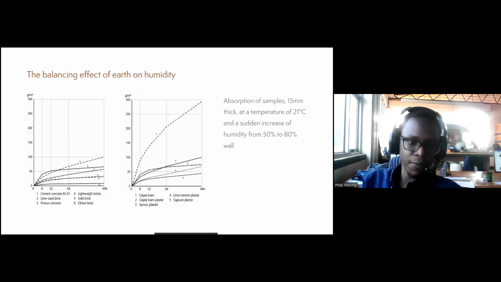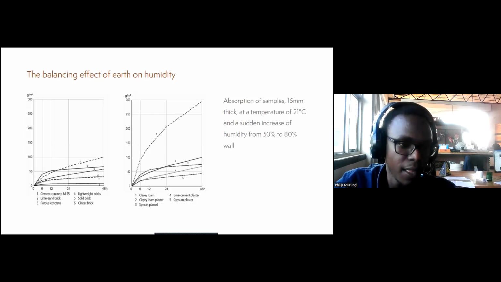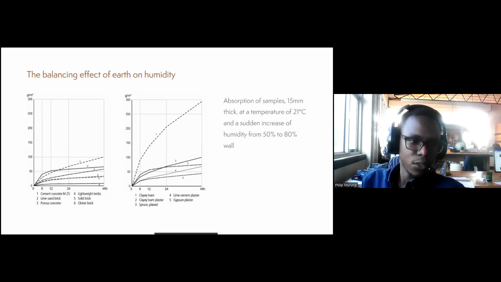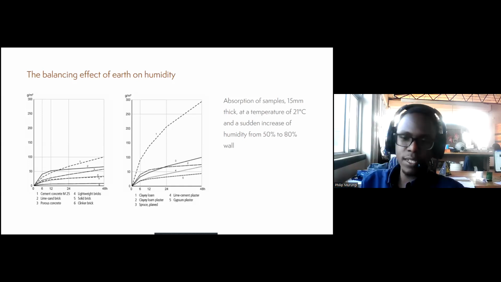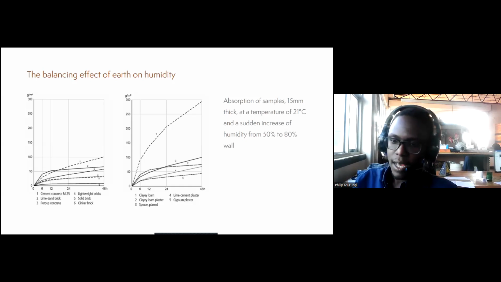That's the curve labeled 1, mud brick, after a rise from 50% to 80%.